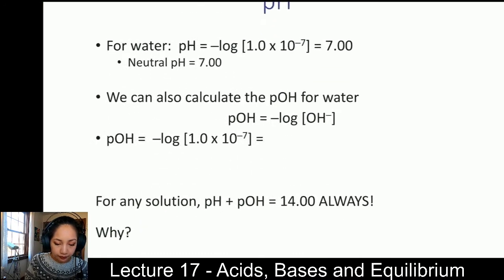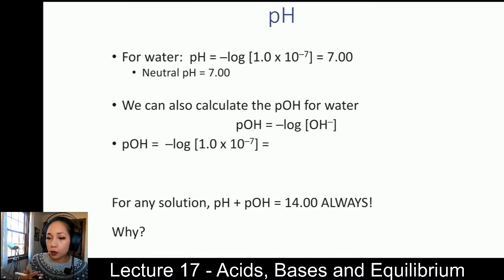All right, and so I gave you a glimpse into pOH, but we know that pH for pure water is 7, meaning concentration of hydrogen cation or hydronium.